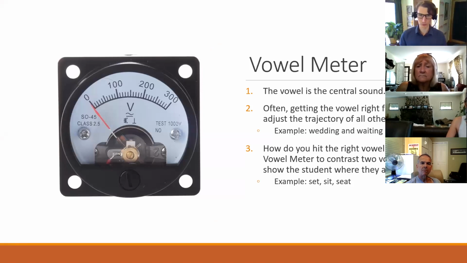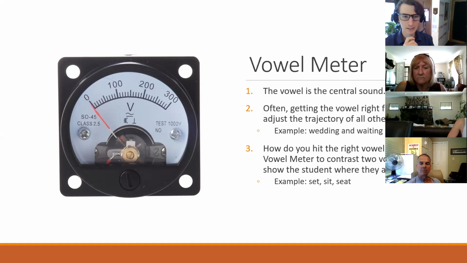I call this one Vowel Meter. We're starting with this because the vowel is the central sound in a word. You might start with a consonant sound, but you're going to make that sound move over the central sound, which is the vowel. You make the vowel with various mouth shapes. So even if you start with a consonant sound, which might have your lips together like B, where it lands is going to be over the vowel sound.